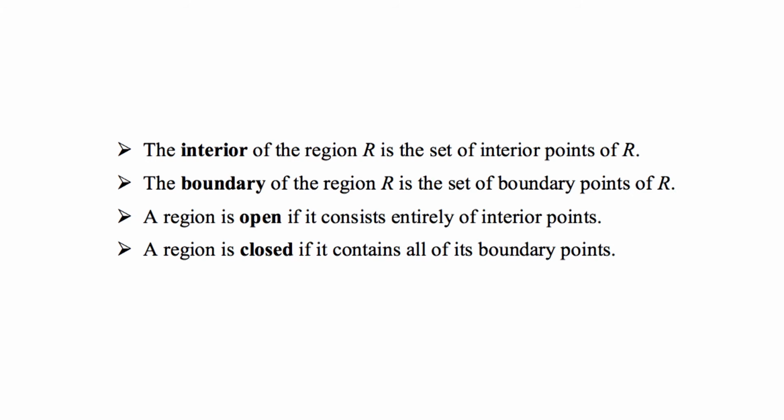A point (x naught, y naught) is a boundary point of a region R in the xy plane if every disk centered at (x naught, y naught) contains points that lie outside R as well as points that lie inside R. The boundary point itself need not belong to R. The interior of the region R is the set of interior points of R. The boundary of the region R is the set of boundary points of R. A region is open if it consists entirely of interior points.